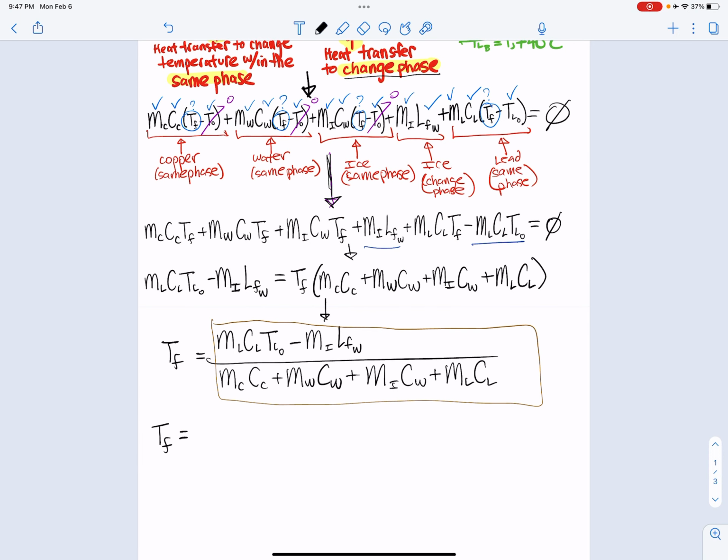So we have mass of lead is 0.75 kilograms. Specific heat of lead is 130 joules per kilogram times Kelvin. And the initial temperature of lead is 255 degrees Celsius.